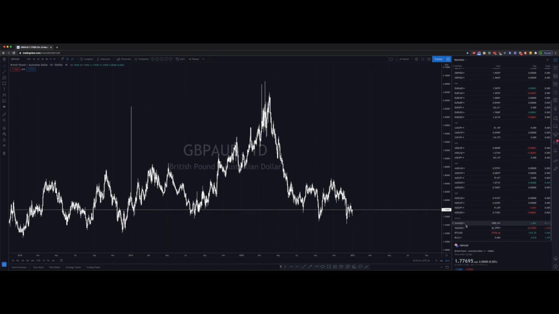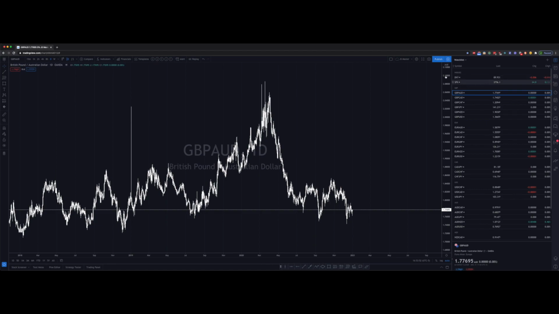So I have silver and gold listed here, and I also keep track of Bitcoin and some gold stocks. I keep that all in this section down here, and I've got some indexes that I track, the dollar index and the S&P index. I don't really trade those either, but I like to keep an eye on them.